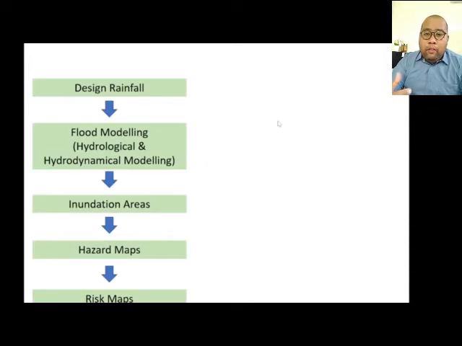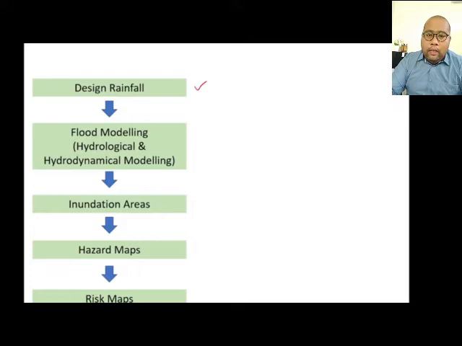Before we go through the rainfall estimations, this is the framework that you guys can use to produce the risk map. The first thing you need to really understand is the rainfall. So how do we design the rainfall?